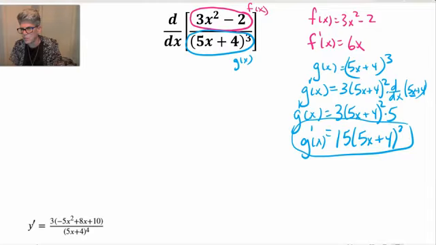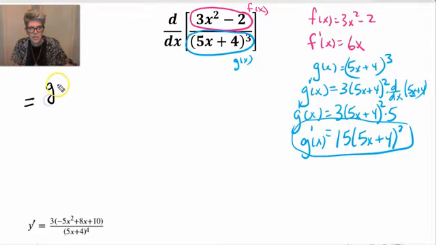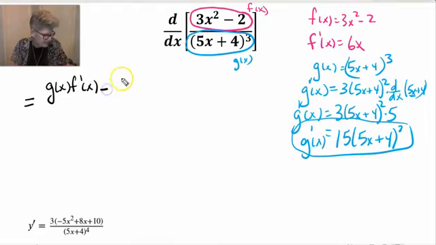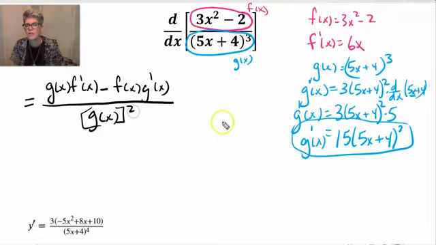Okay. Now, the derivative using the quotient rule is going to be g times f prime minus f times g prime all over g of x squared. All right, so that's the quotient rule.